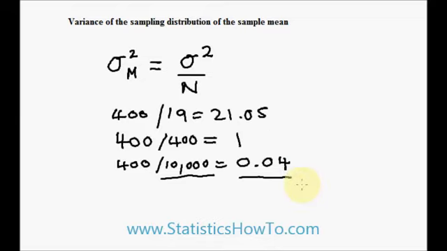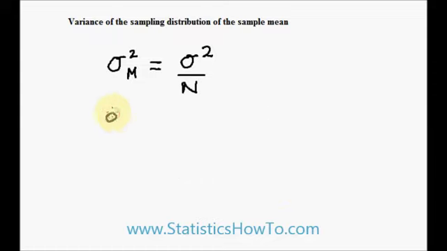I'm going to show you one more example of how to find that variance of the sampling distribution of the sample mean. Your population standard deviation is 290 and you're drawing a sample size of 1,000. You want to find out what is the variance of the sampling distribution of the sample mean.